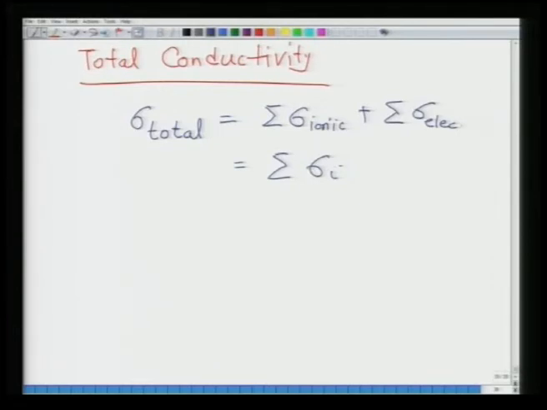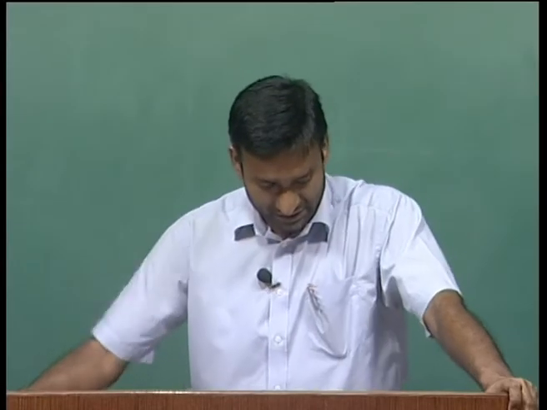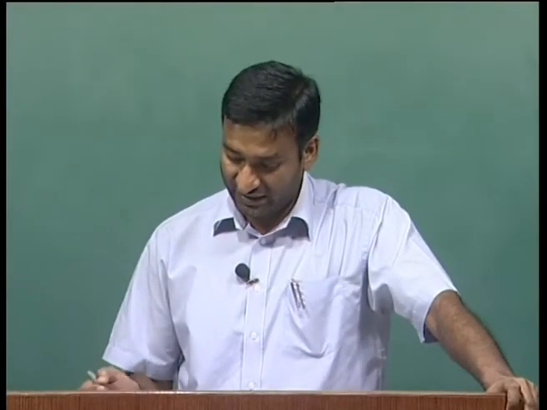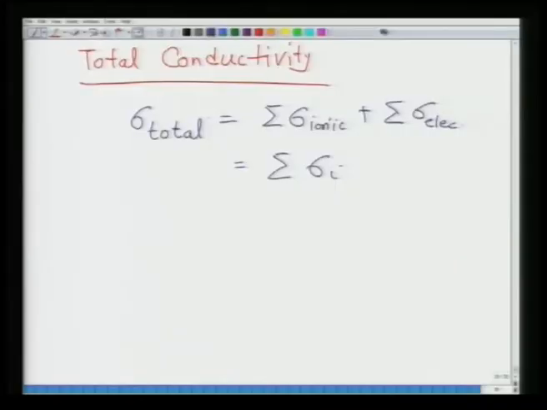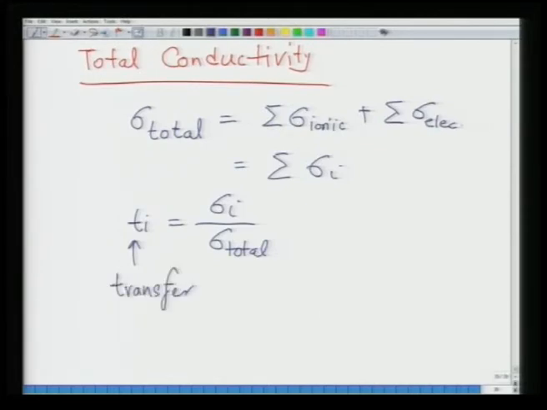The fraction of the conductivity carried by each of these species, with respect to the total conductivity, is called the transference number. So, t_i is equal to sigma_i divided by sigma total, and this is called your transference number. So, you can see that t_1 plus t_2 plus t_3 plus t_i will always be equal to 1.